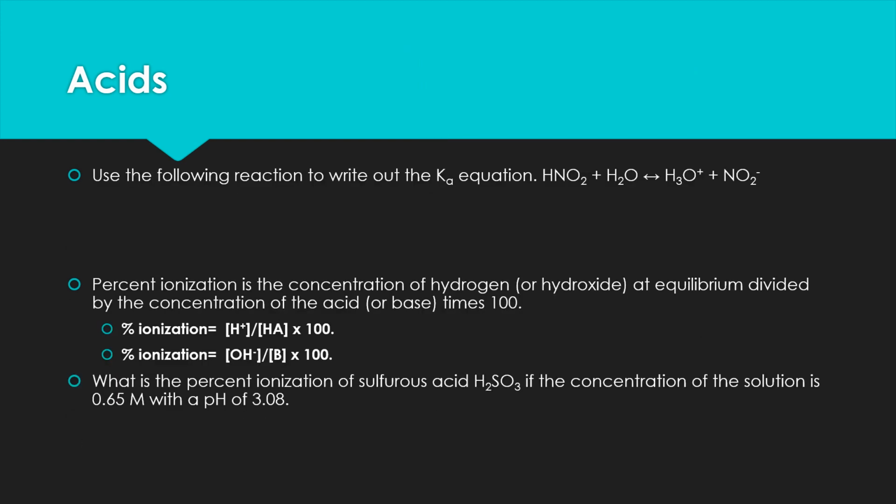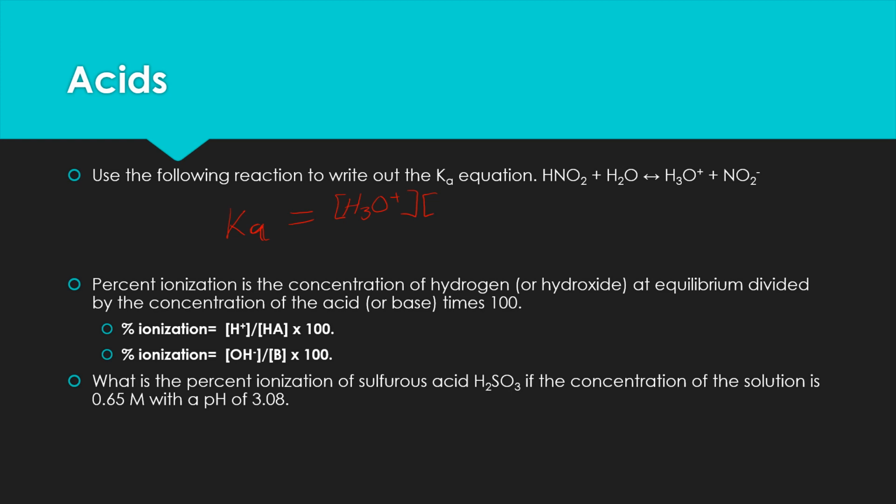So continuing our look at acids, it says use the following reaction to write the Ka equation. So we have a given reaction here. If we wanted to write the Ka expression, so the equilibrium constant expression for an acid, that's all the A means, we would have our products, so the H3O plus and the NO2 minus, and you could write that as H3O plus, or you can write it as just H plus.